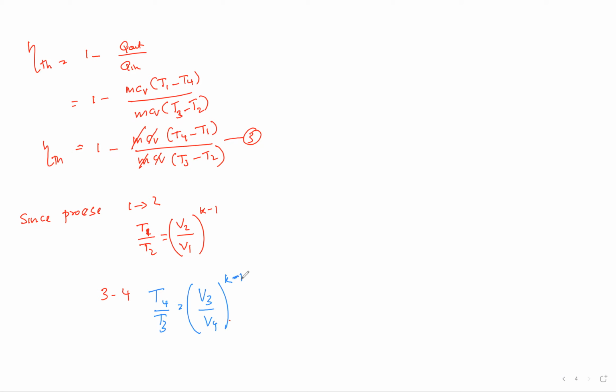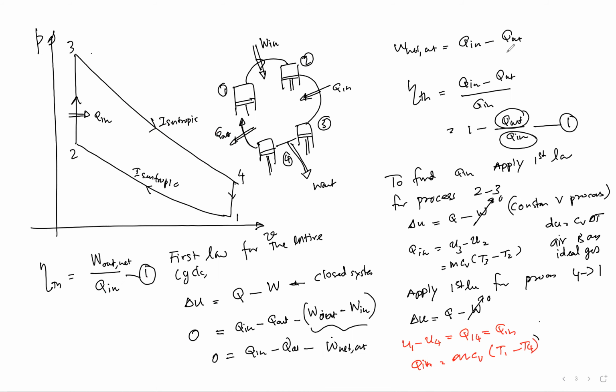Now this is an additional simplification because we need to model this equation, and there's a quantity that we can define as the compression ratio R, which is actually a volume ratio, V max over V min. If you go back and look at this cycle, what is V max?